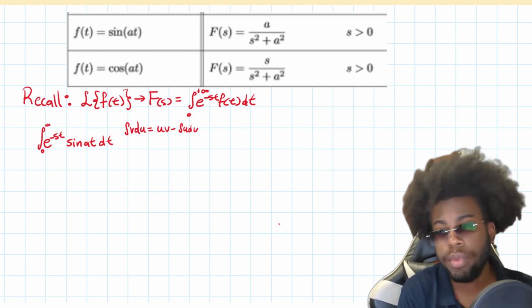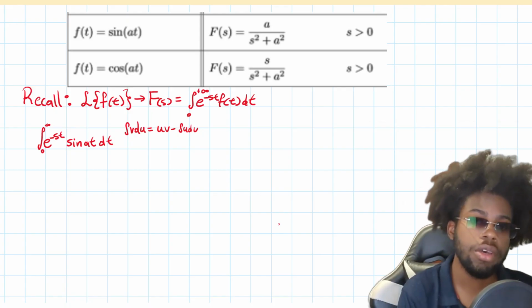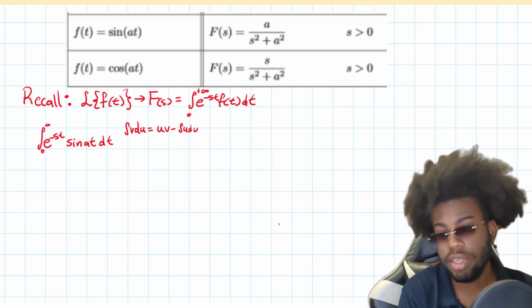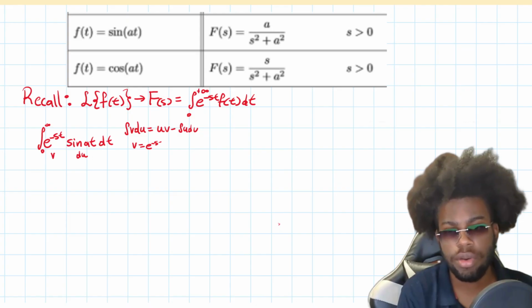We usually pick the function that differentiates to 0 to be our v, but this being an e raised to the t function and this being a trig function, we know that neither will differentiate to 0, so let's just pick e to the minus st as our v and sine at as our du. With e to the minus st being our v, of course our dv is just going to be minus s e to the minus st.